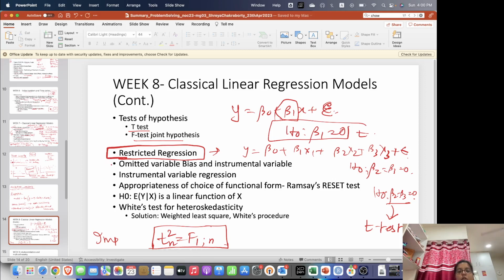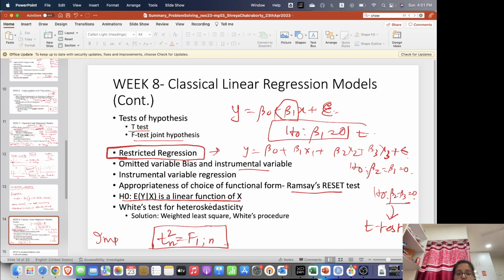And then we also talked about the omitted variable bias and how it can be tackled using an instrumental variable regression. And then we also talked about testing for appropriate choice of functional form, which is Ramsey's RESET test, which assumes that the H naught is that the expectation of y given x is a linear function of x.